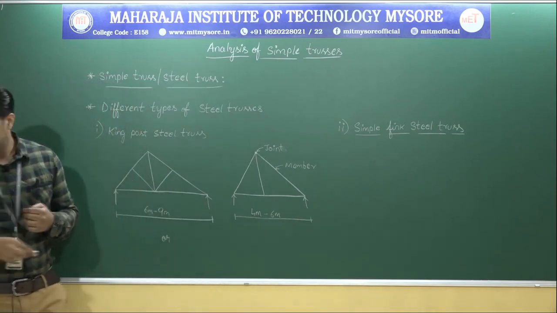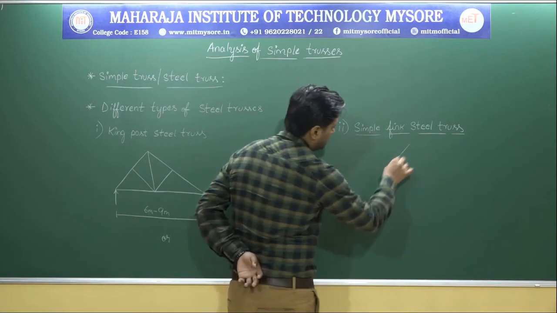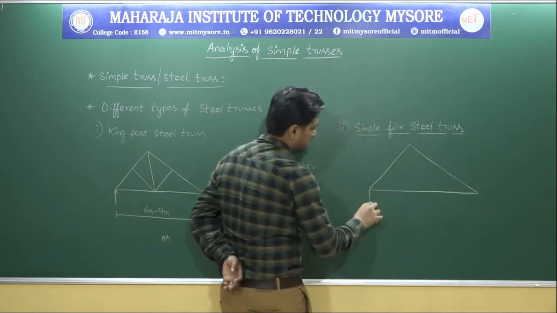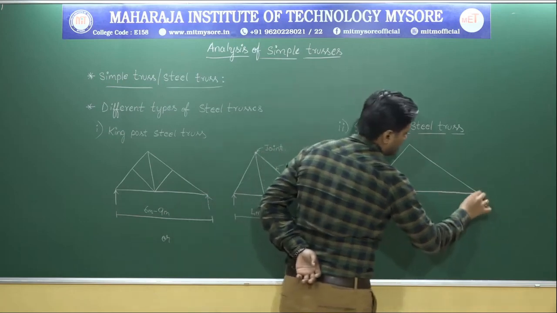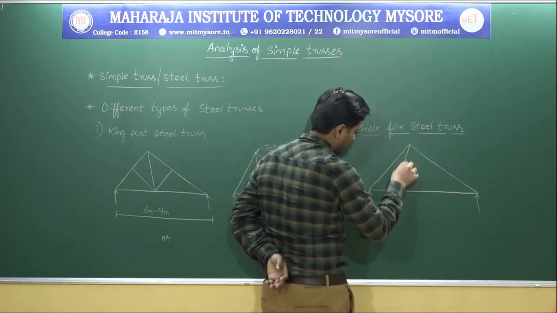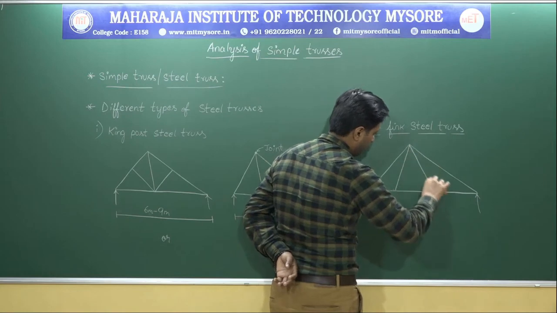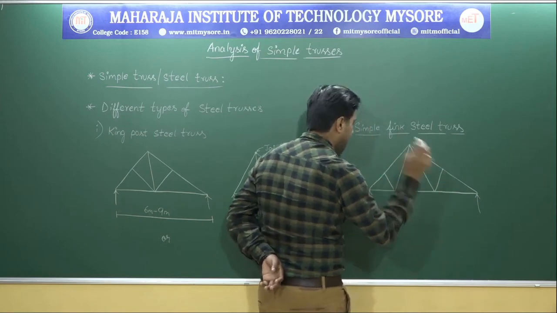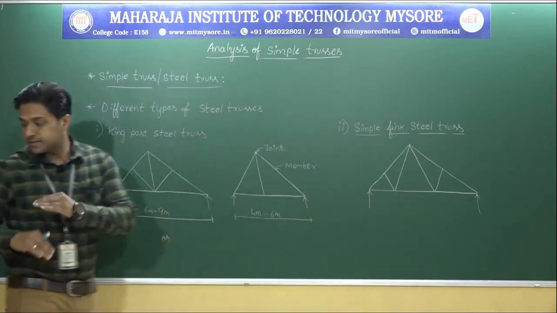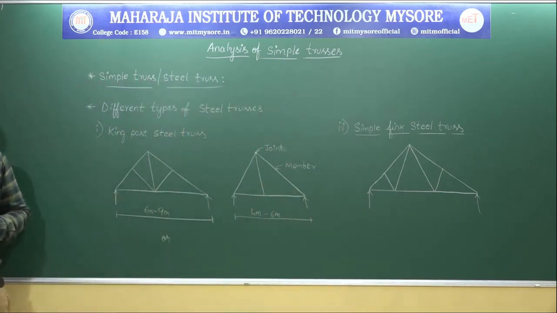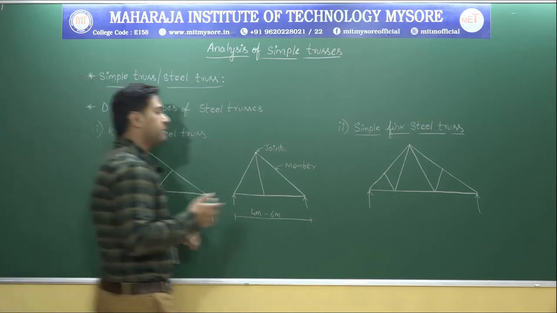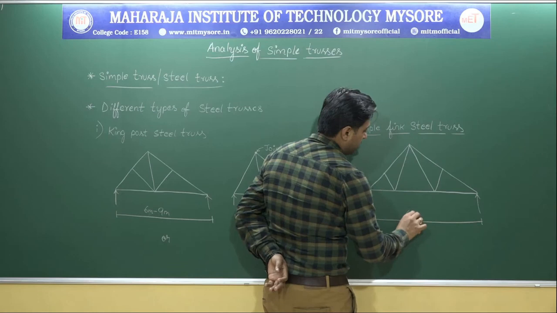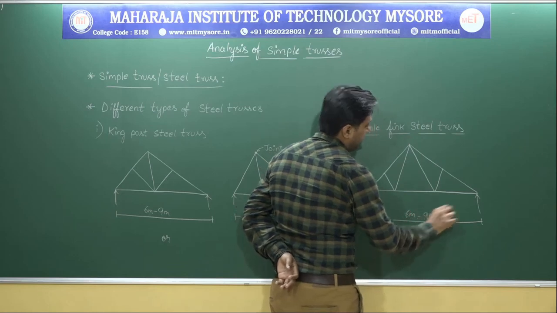Okay, so it will be like this. So this one is a simple fink steel truss, and usually that will be provided for a span of 6 meter to 9 meter.